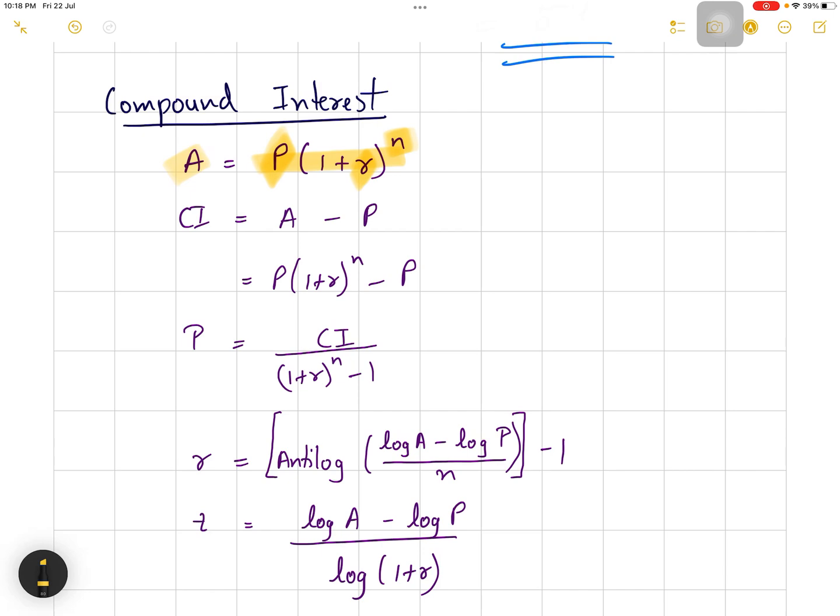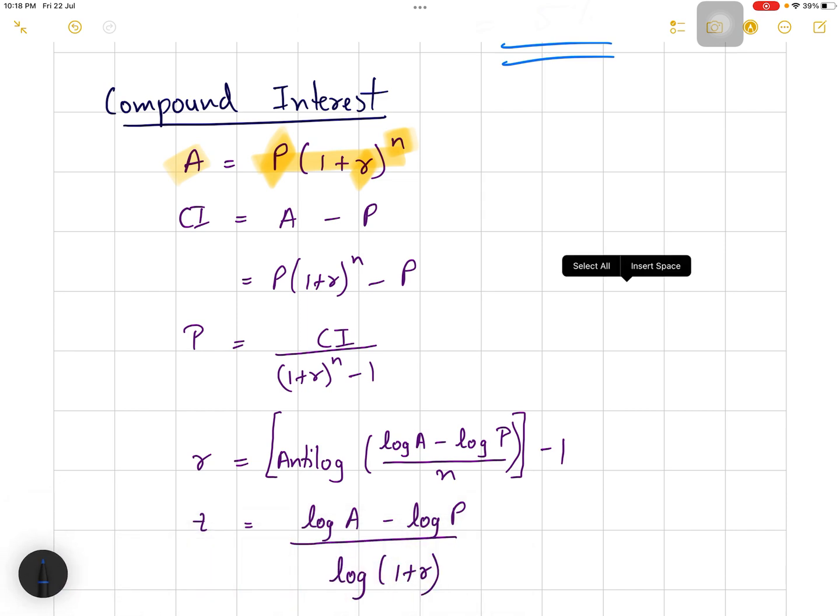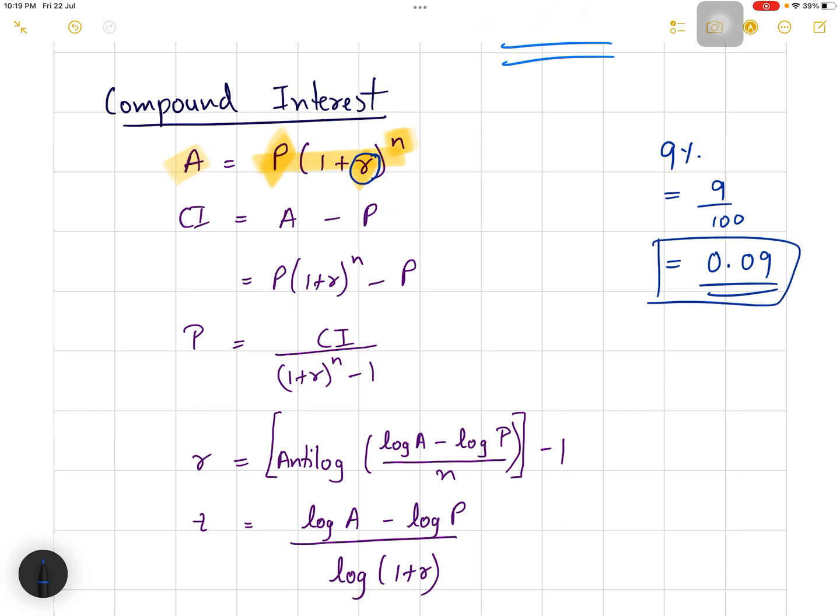Here, when I am saying P into 1 plus R, R means, suppose my interest rate is 9%. When I say 9%, 9% means 9 upon 100, which is 0.09. So when rate of interest is 9%, I'll be writing 0.09.